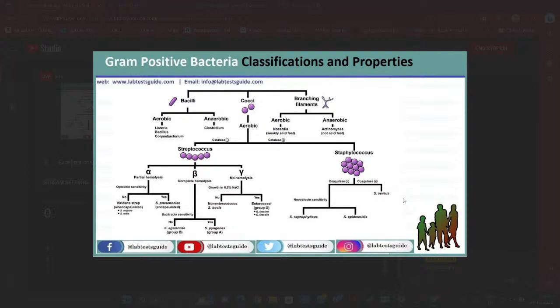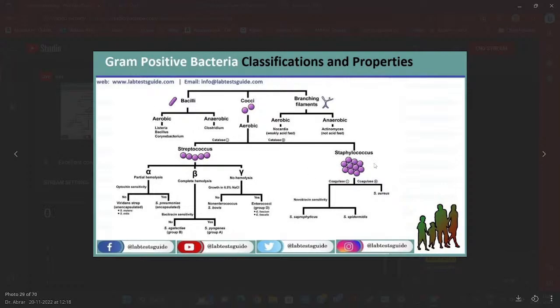So we can identify that bacteria as Staphylococcus, because it is catalase positive. Staph is catalase positive.